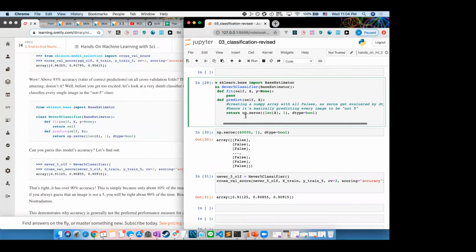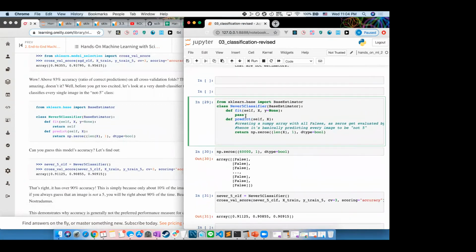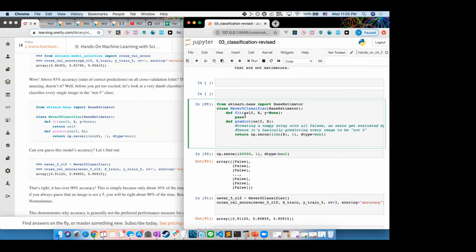That's here. Basically, fit just does pass, and predict just returns numpy.zeros of the length of the training data, 60,000 by 1, that's the dimension of all the zeros.